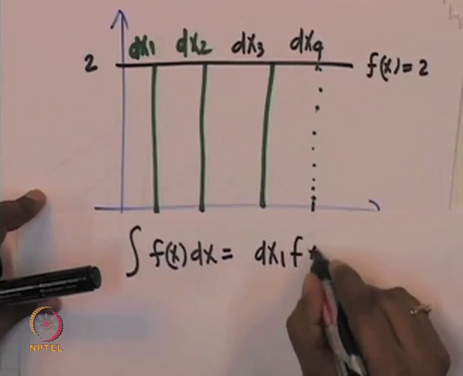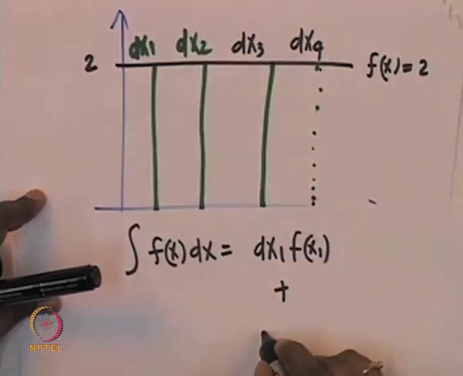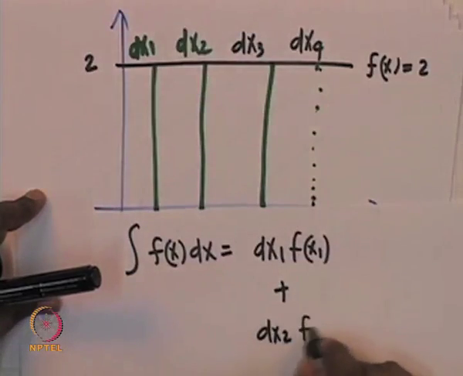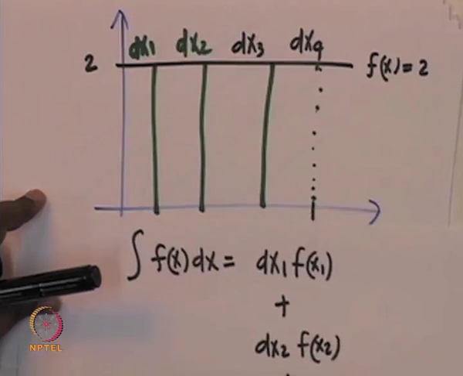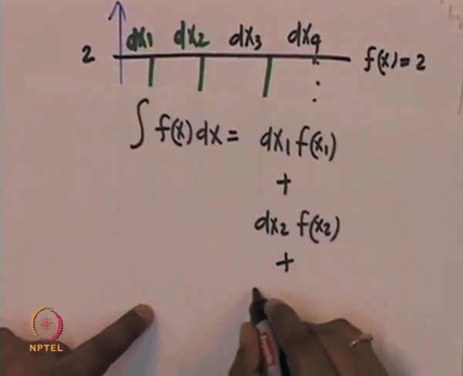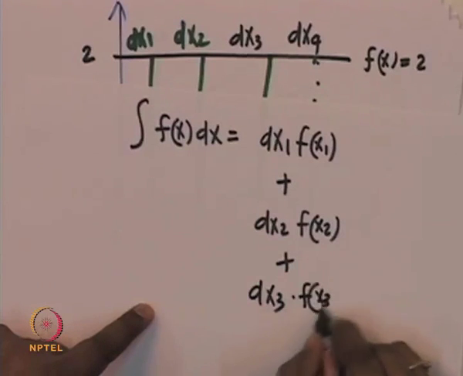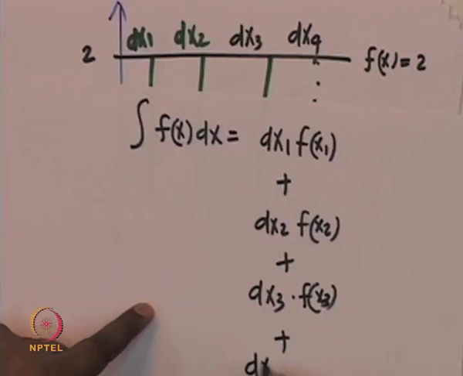So, f of x1 plus dx2 into f of x2 plus dx3 into f of x3 plus dx4 into f of x4.